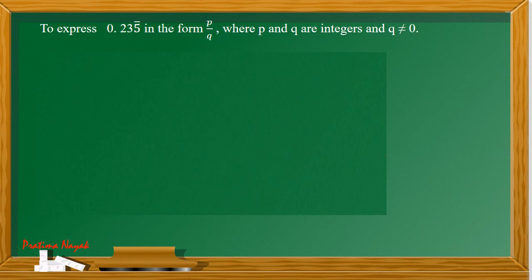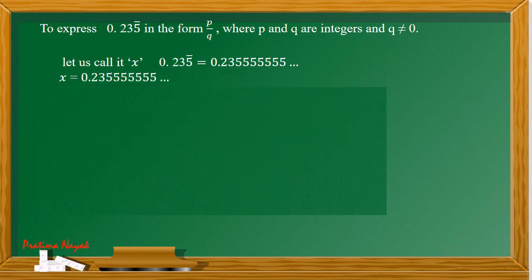So once by 1000, once by 100. Here 5 is repeated. So I'll write x. Then 1000x is equal to 235.5555.